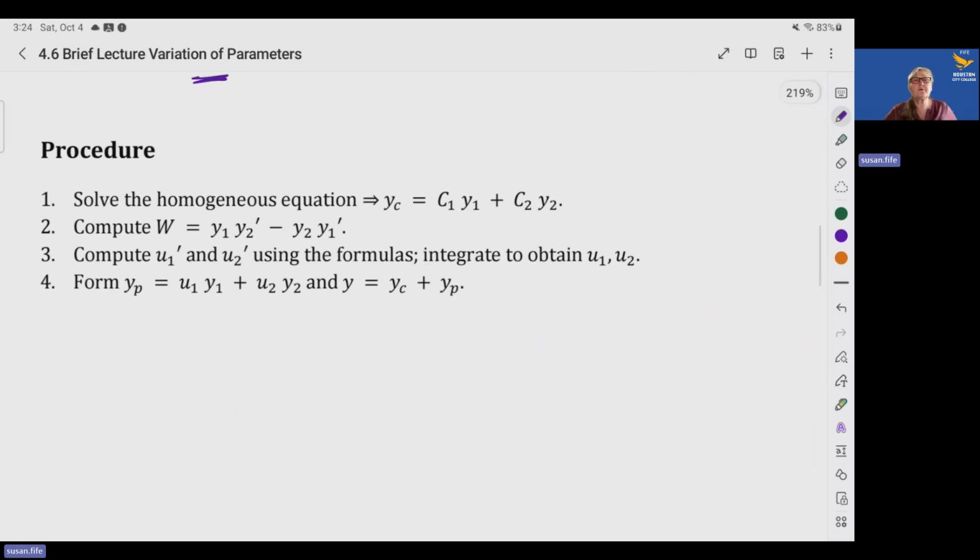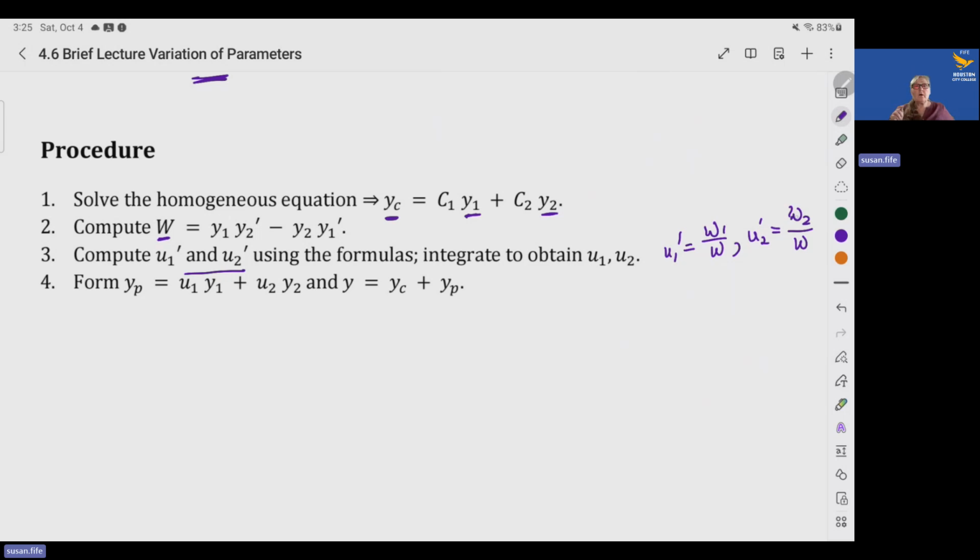So just a quick overview of the procedure that we're going to use. We're going to find the complementary solution. That's going to give us y1 and y2. We're going to compute the Wronskian, and then we're going to compute u1 prime and u2 prime using Wronskians, w1 divided by w and w2 divided by w.